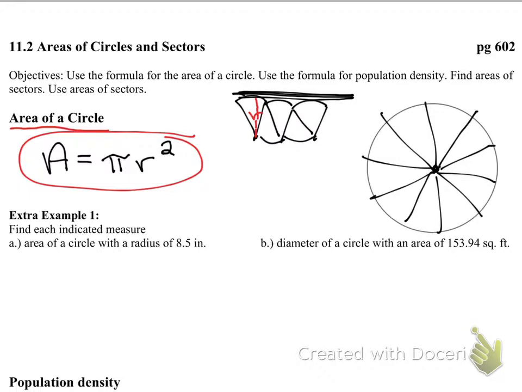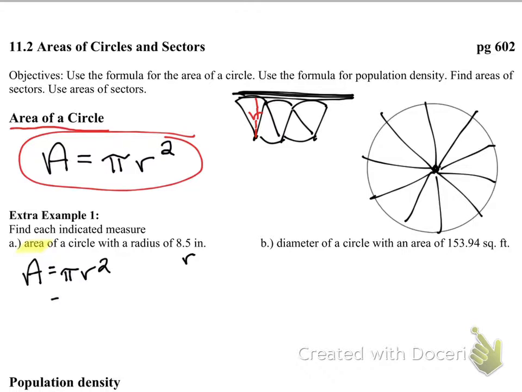Okay, so in extra example 1, find each indicated measure. Here I want to find the area of a circle with a radius of 8.5 inches. So here's my radius. I write my equation first: area equals pi r squared.